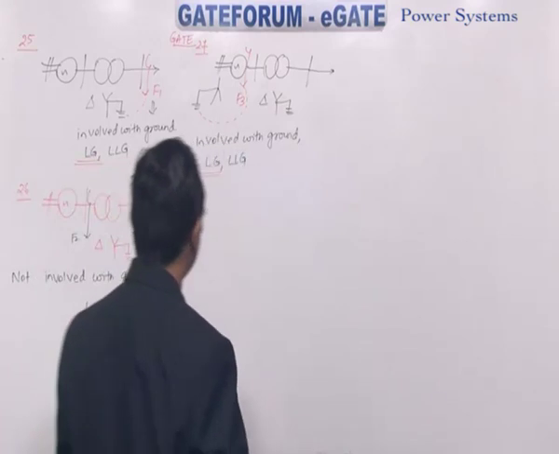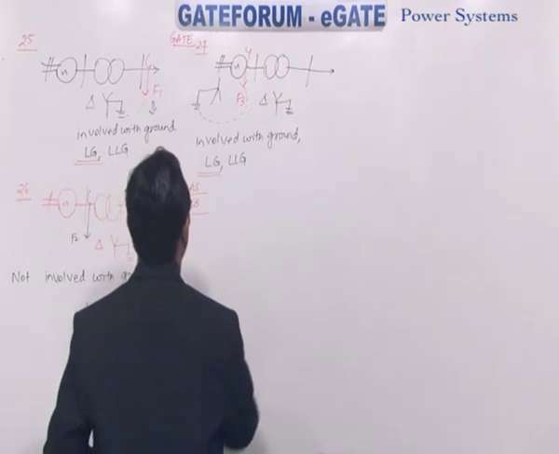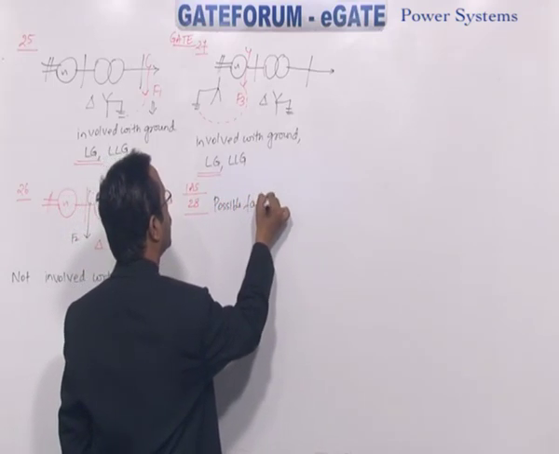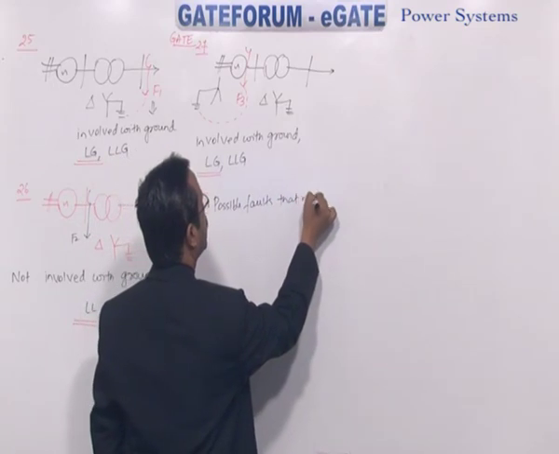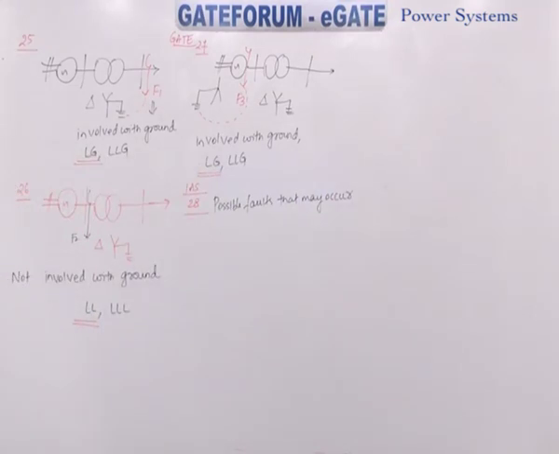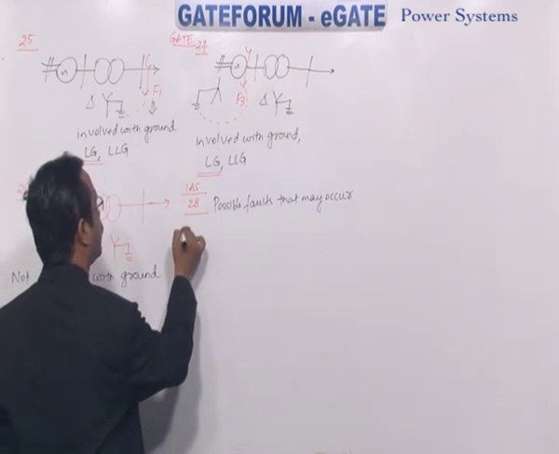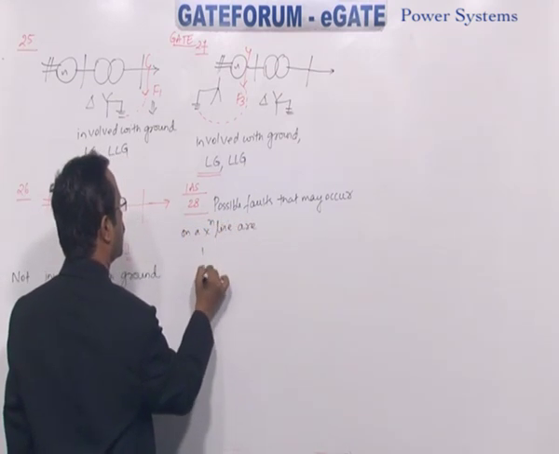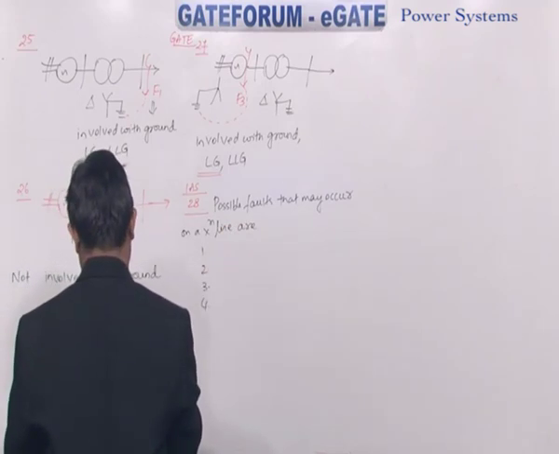The sequence of faults that may occur on a transmission line are given here: 1, 2, 3, 4.